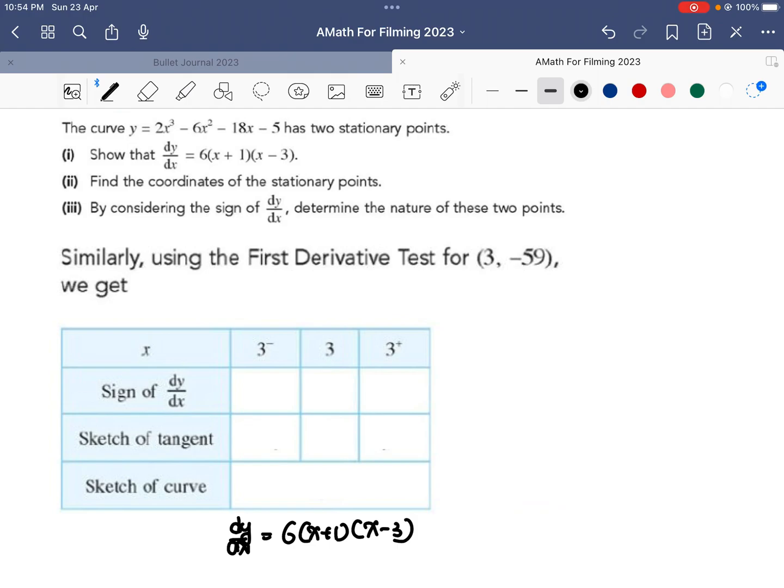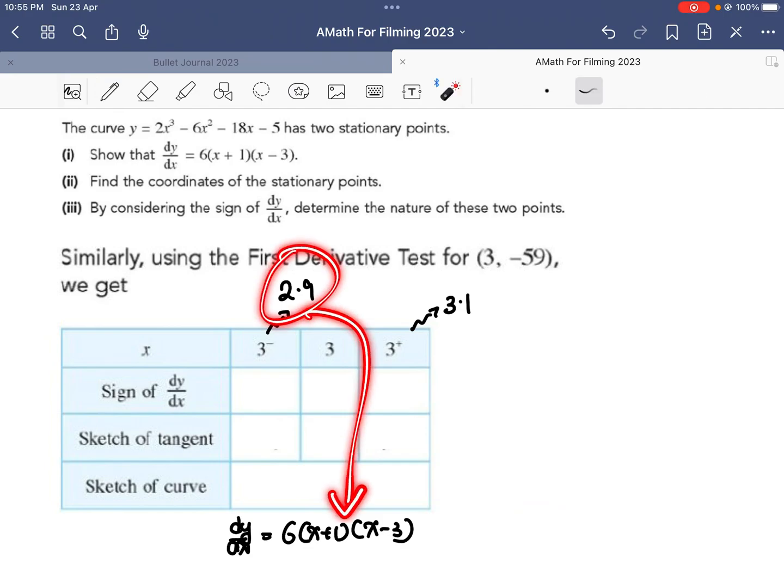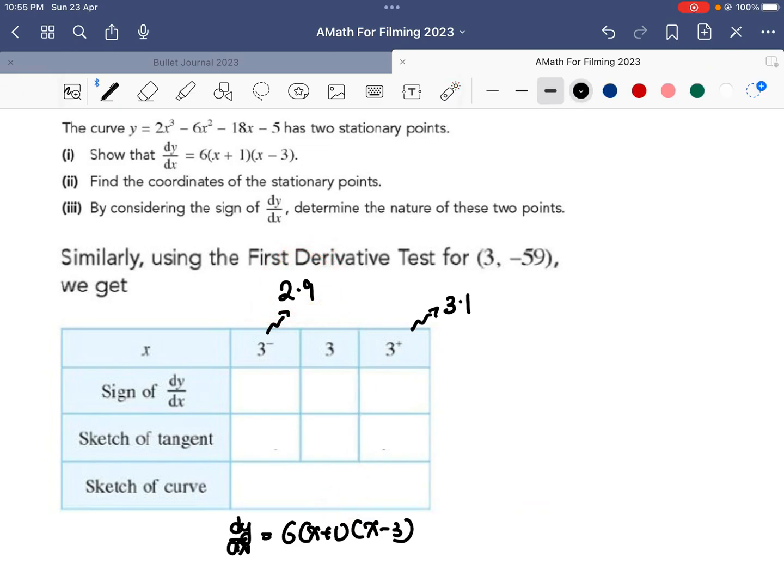Slightly to the left of 3, I can probably use 2.9, and slightly to the right of 3, I can use 3.1 itself. Doing the same method, if you use 2.9, you substitute this into your gradient function itself, you'll find that the value is something that is negative. So the sign of dy dx here is negative.